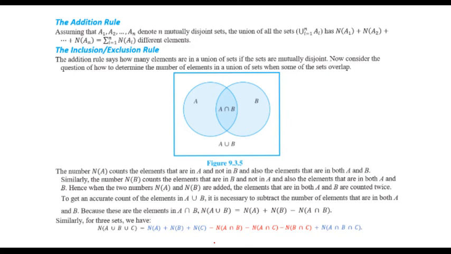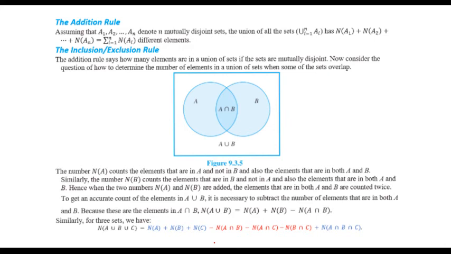But when you extend the addition rule to the inclusion-exclusion rule, it gets a little bit more complicated. The inclusion-exclusion rule considers the following situation. Look at this Venn diagram. You have 2 sets, A and B, that are not necessarily disjoint.